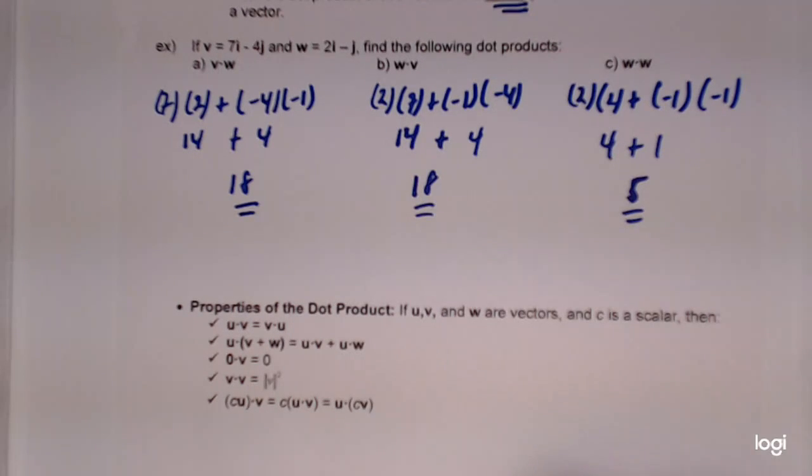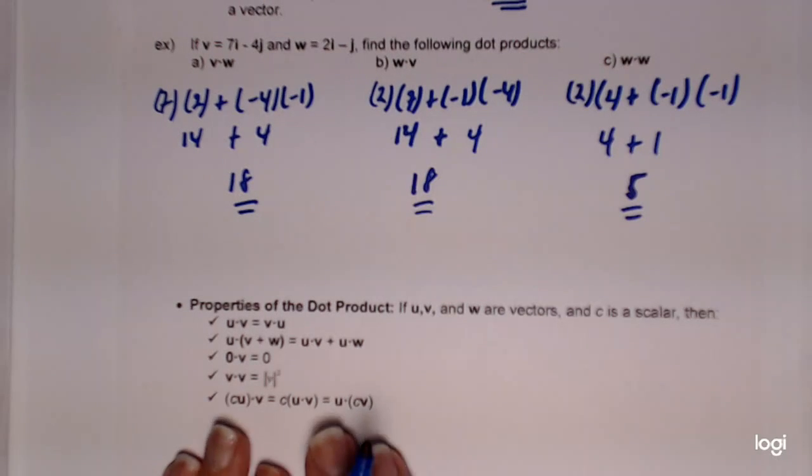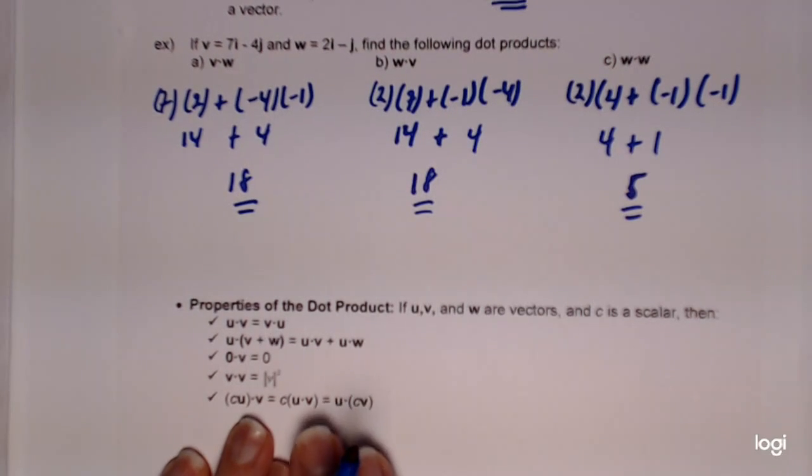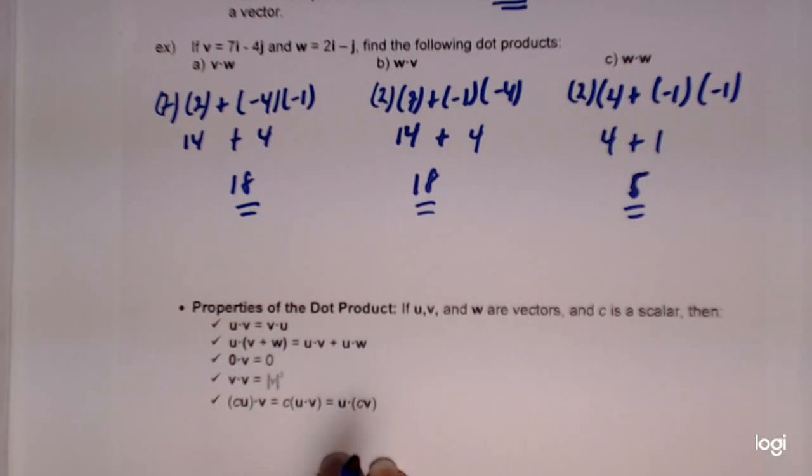So when you do work with vectors and dot products, sometimes it can be useful to remember these formulas because the calculations might be easier to take one of these approaches than one that you might have without using these properties.